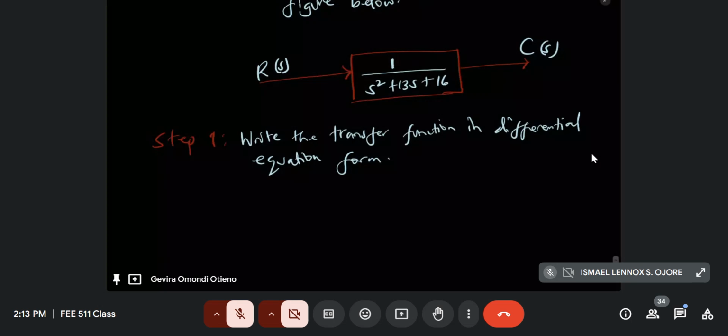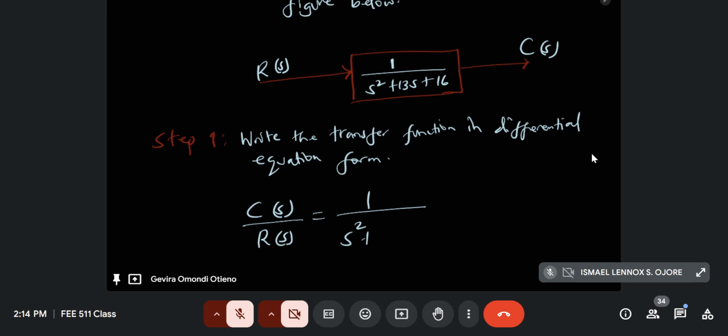Clearly we can see from our case that C of S over R of S is the same as 1 over s squared plus 13s plus 16. Please note that in our case, the numerator term is a constant. It can be any value as long as it's a constant. So this process helps us when we are writing it as a constant.